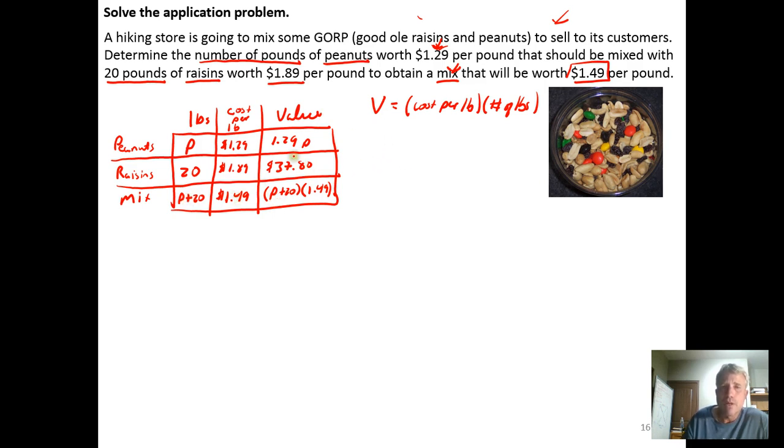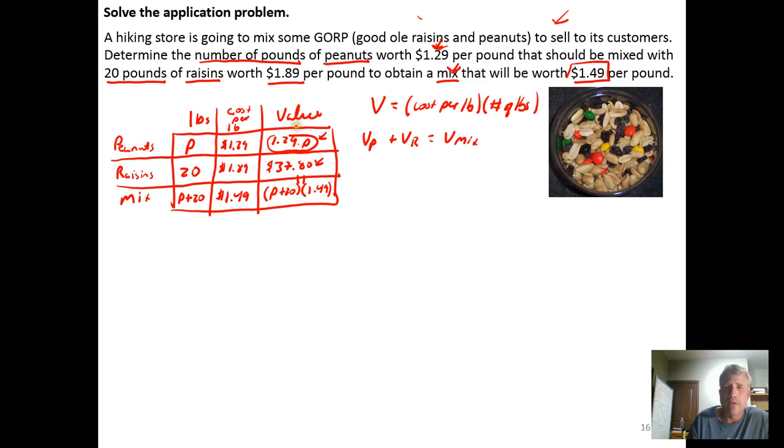What we also want to recognize is that the value of the peanuts, plus the value of the raisins, have to add up to the value of the mix. So this plus this must equal this. So once I get this information in the box, I can use this final column in this particular case.